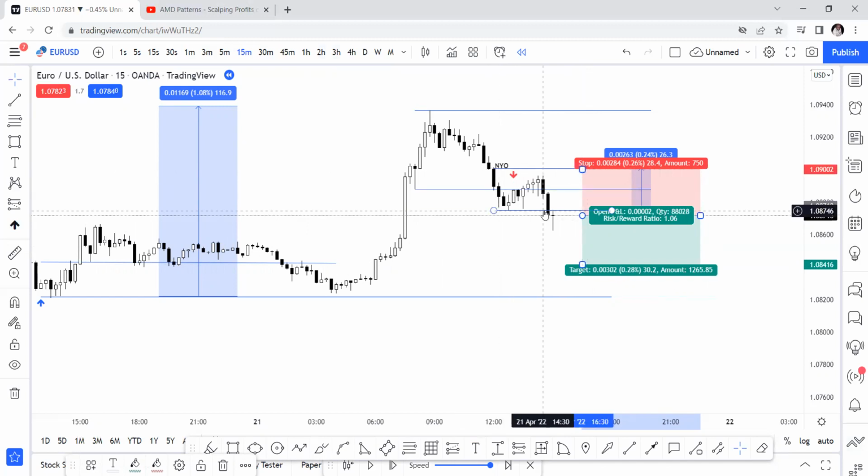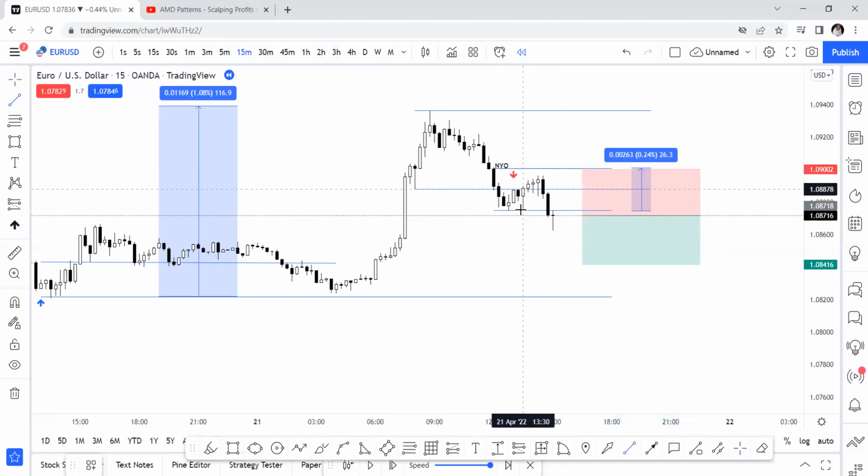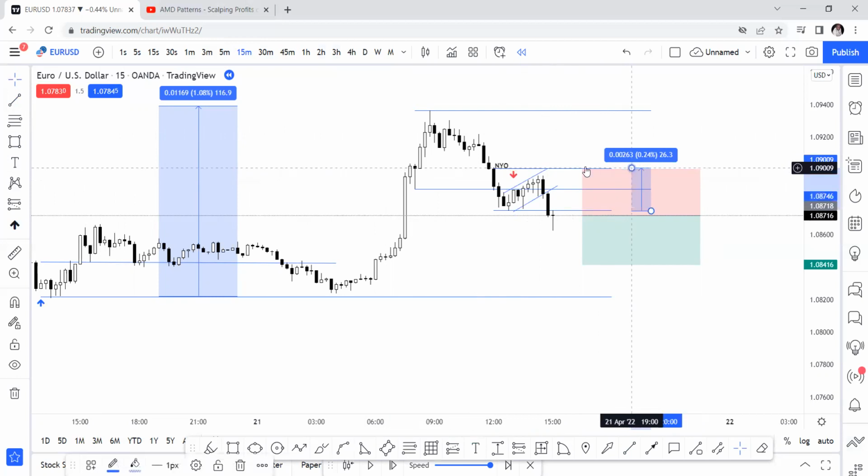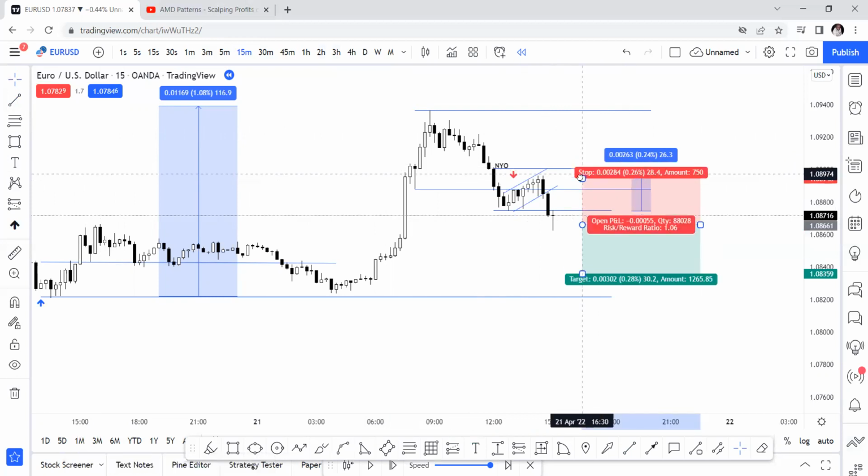Because it's rarely before your target to be hit here. If you watch carefully in here, you can see this is a flag. But I told you, you don't need much rigorous analysis like that. There's a breakout of this flag there.